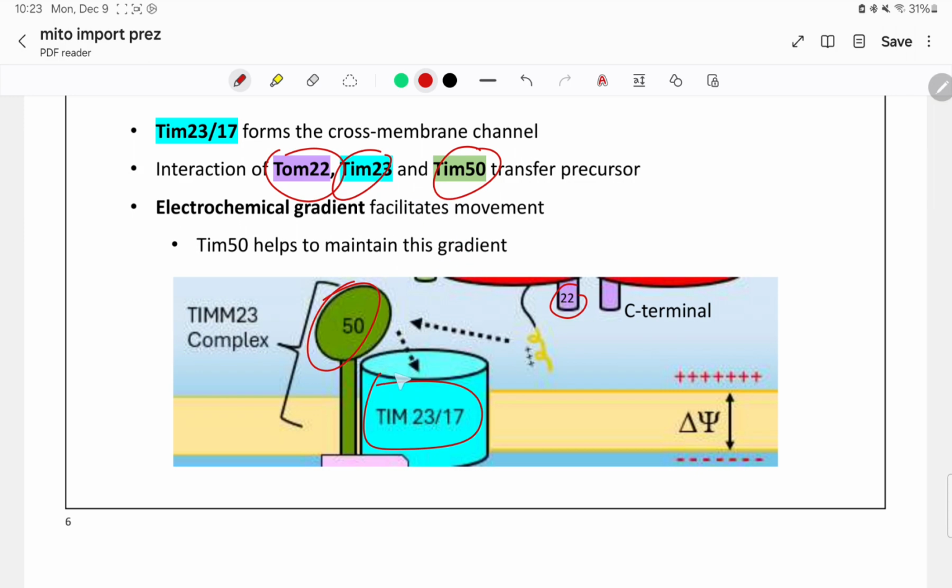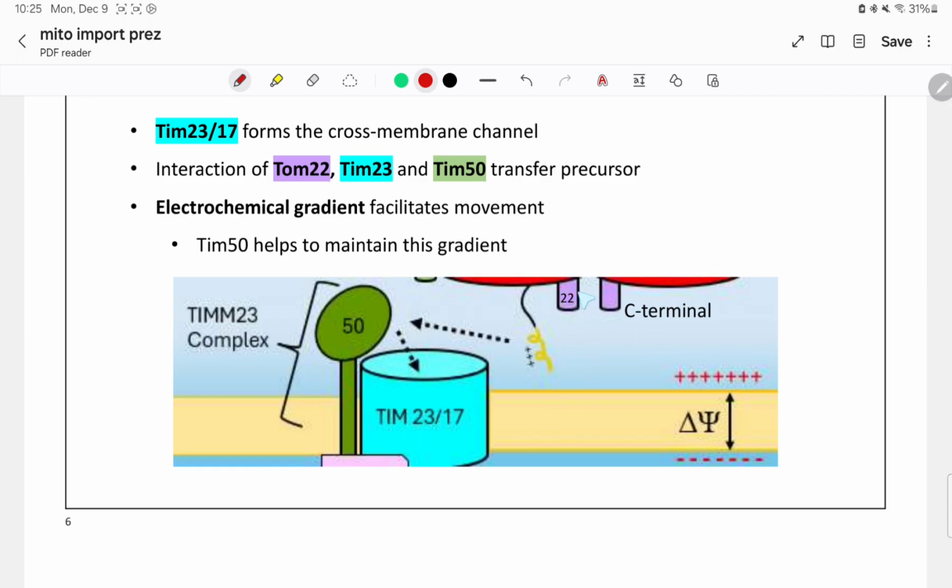It involves the interaction of these three giant complexes to transfer this precursor into the aqueous pore, okay? There's also going to be TIM50, which I talked about here, and at the bottom, there's going to be another protein, TIM44, but I'll touch on that later. Okay, so again, bear with me here.